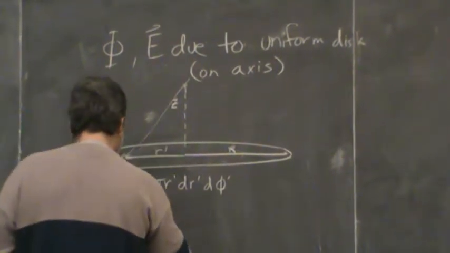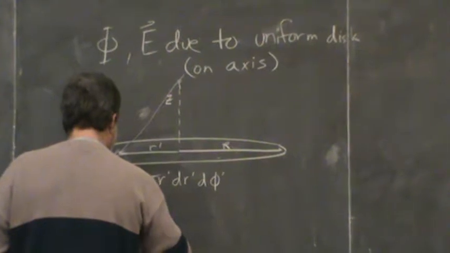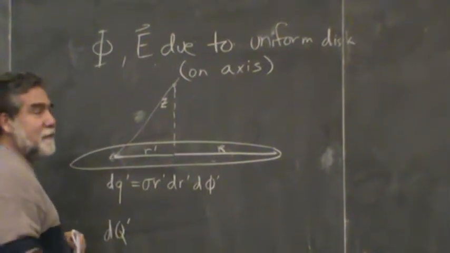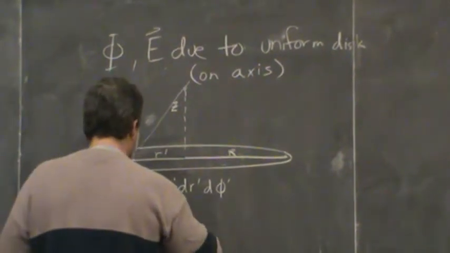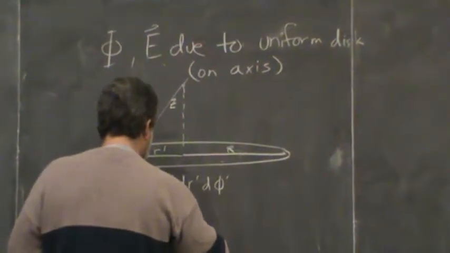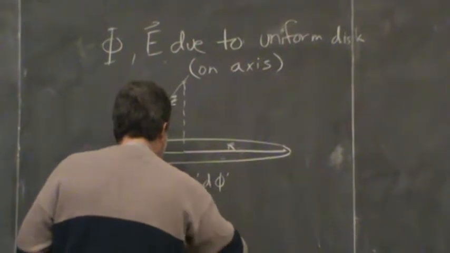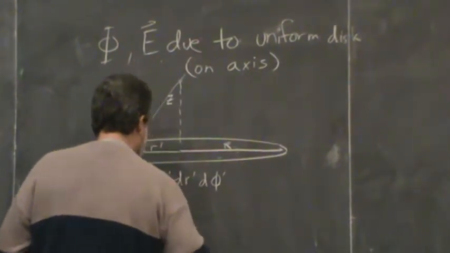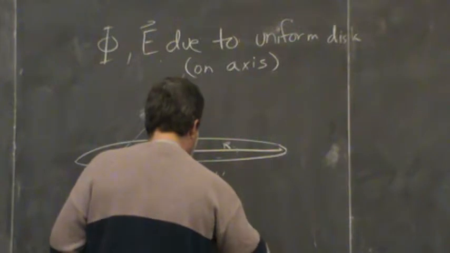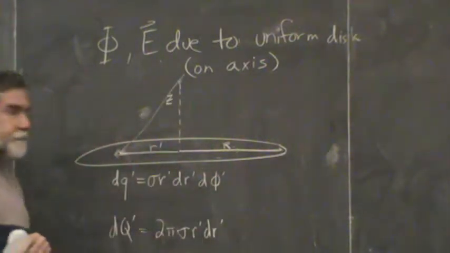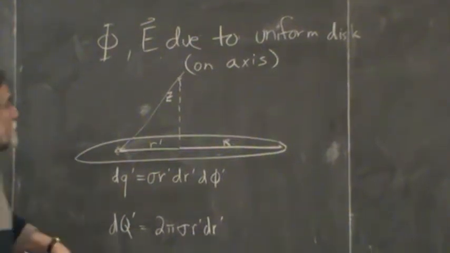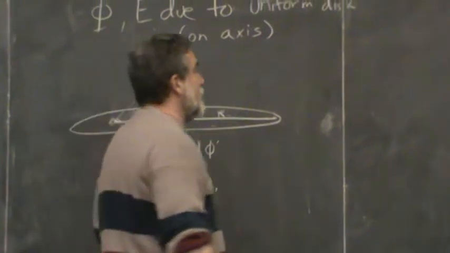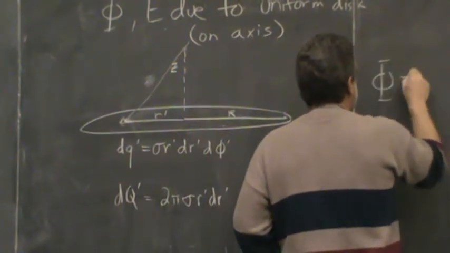So I'll have a different dq, let's call it dq prime, which is all that charge around a ring. And so that's 2 pi sigma r prime dr prime.